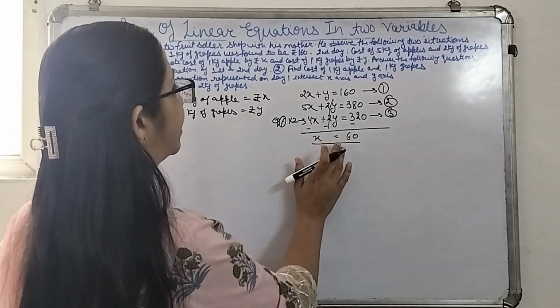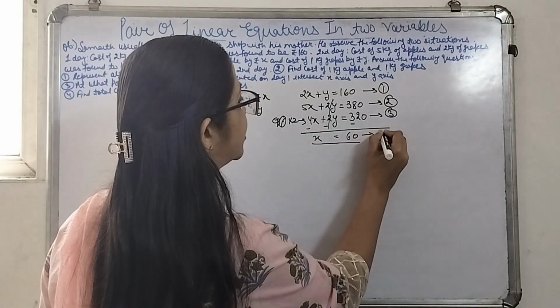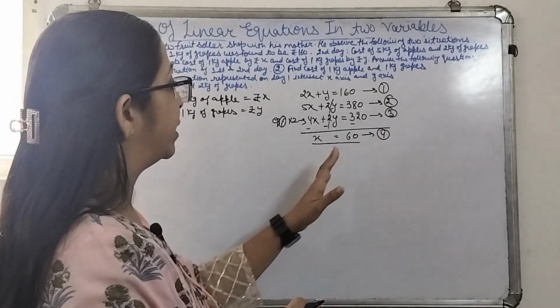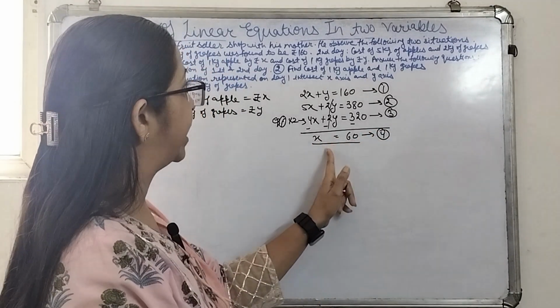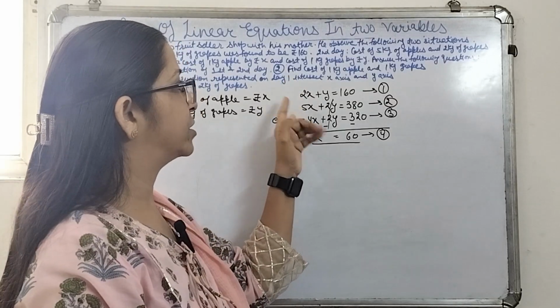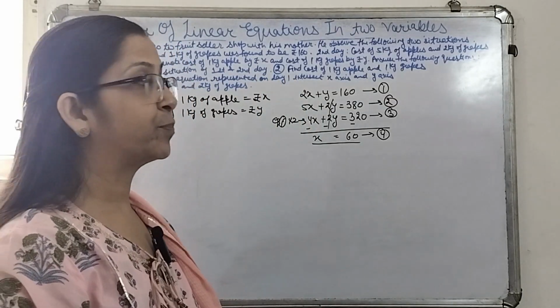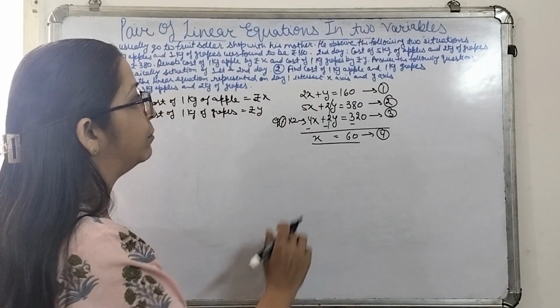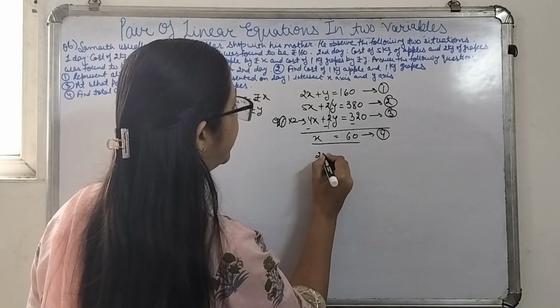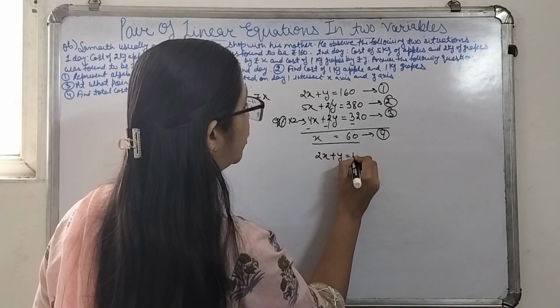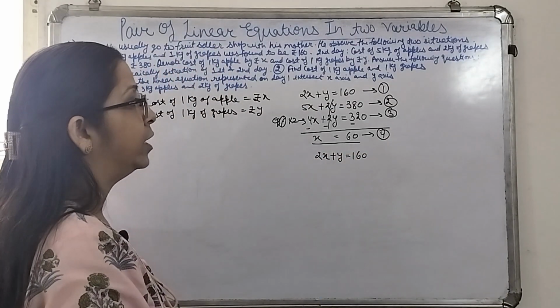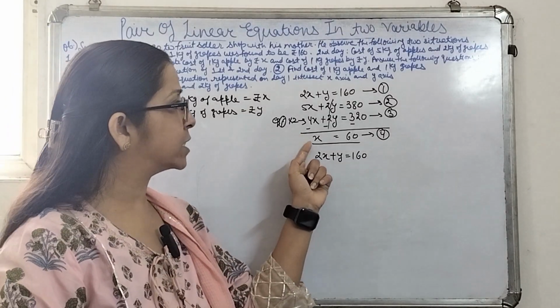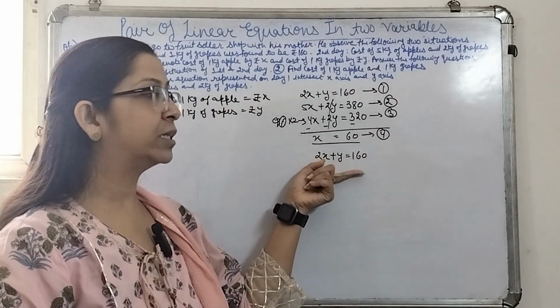Now suppose this is your equation number 4. From here, if we put the value of x in any of these equations, suppose I am putting it in equation number 1. So what will equation number 1 become? The equation is 2x plus y is equal to 160. Now we put the value of x from equation number 4 in this equation.